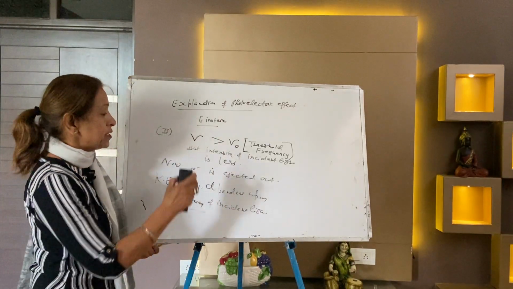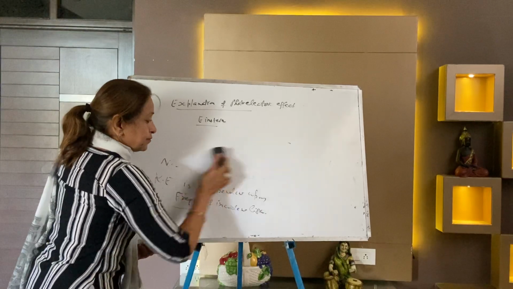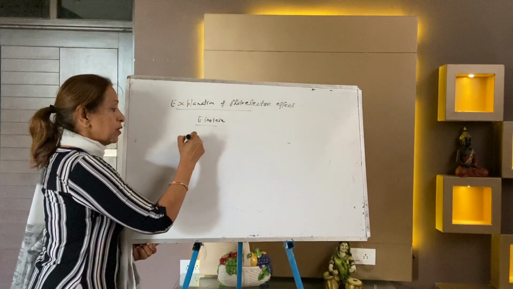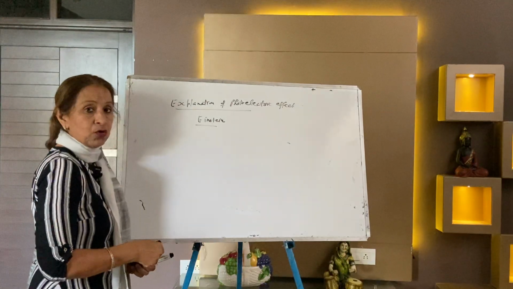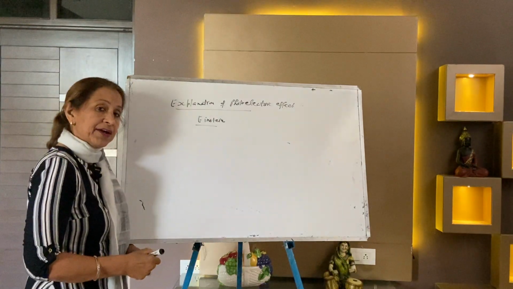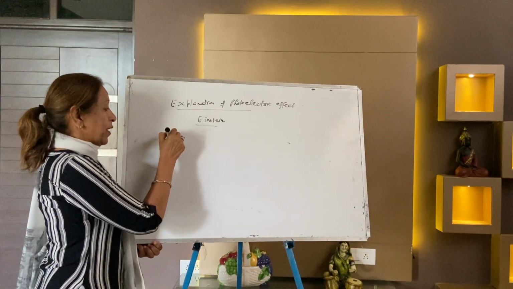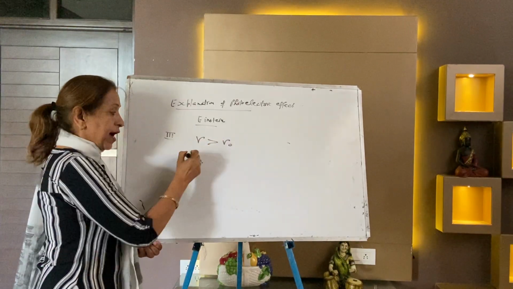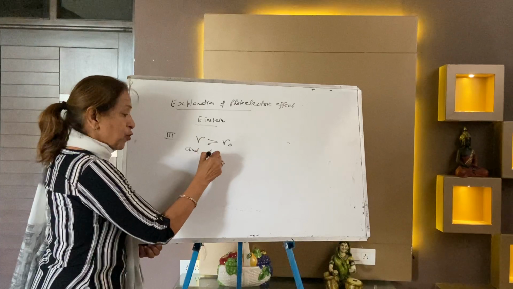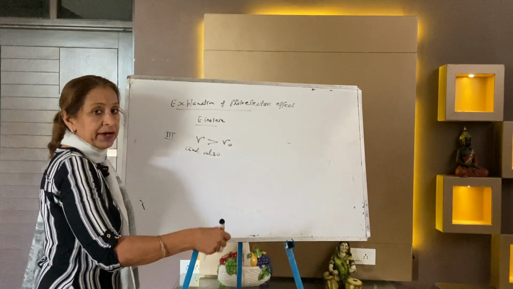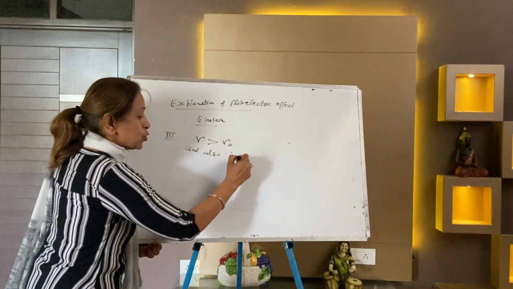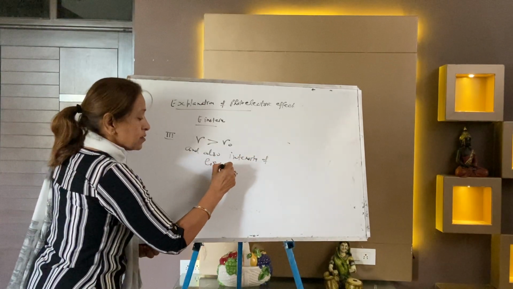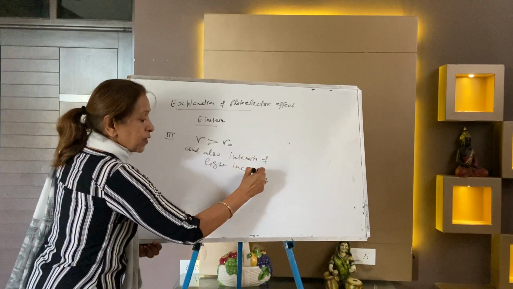Now in the third case, nu is greater than nu naught, both frequency and intensity increase. The frequency is more and even the intensity of light is increased. Now what happened?